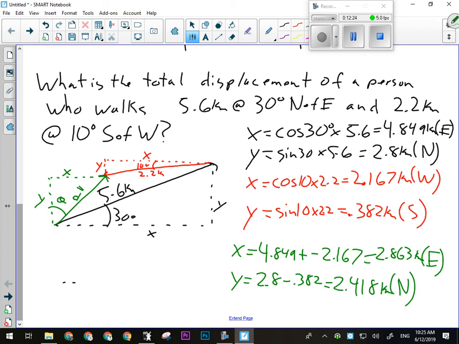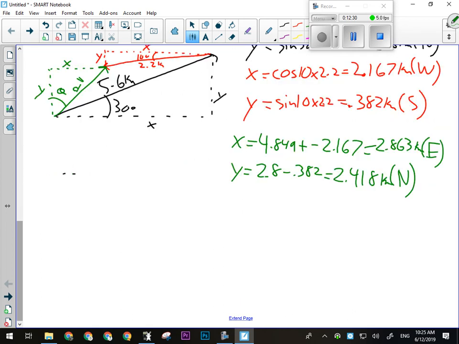Everybody with me so far? Important to remember which directions are which. Now I've got my resultant's triangle figured out, so now I can calculate my resultant's magnitude using Pythagorean theorem.